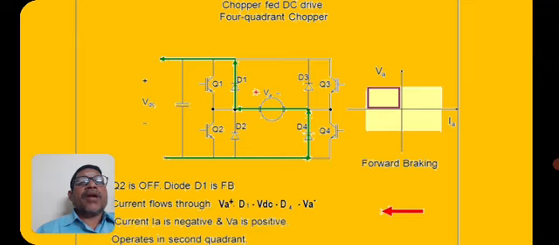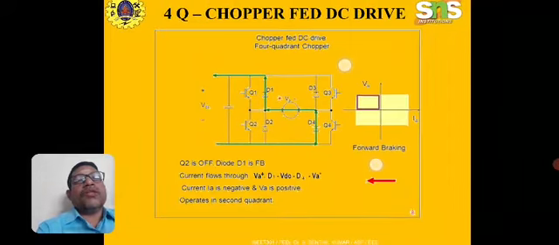Therefore, the direction of current reverses, which means it is forward braking. This is the second quadrant operation of a chopper.